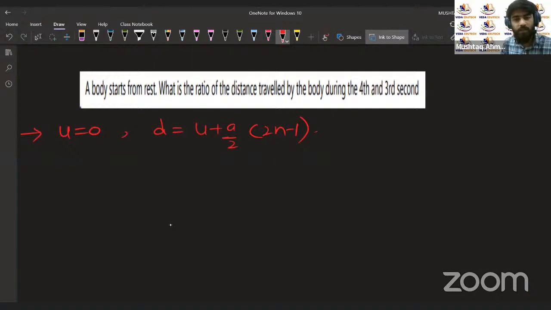And we have to calculate the distance in fourth second, that's d4. That will be a over 2 into 2 into 4 minus 1, and our d3 will be equal to a over 2 into 2 into 3 minus 1.